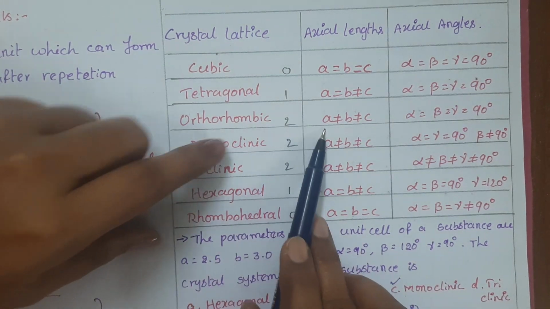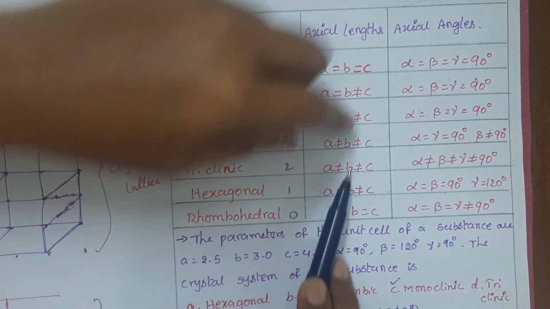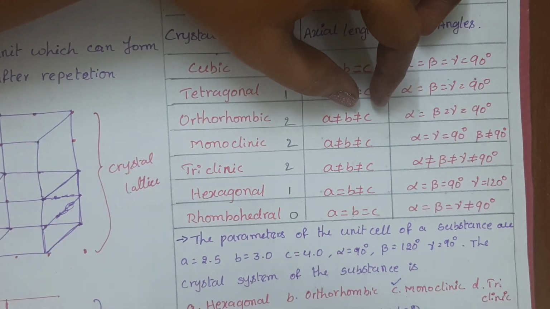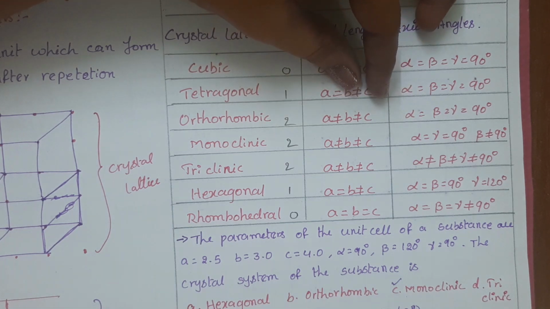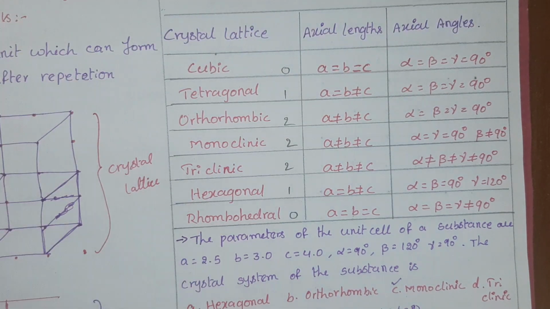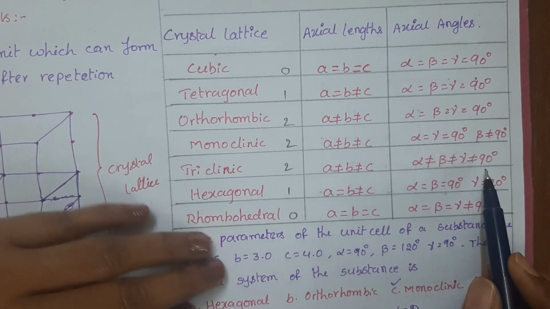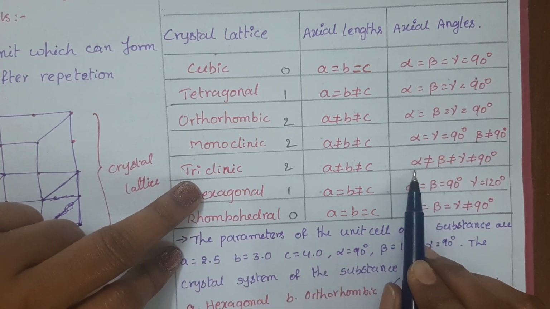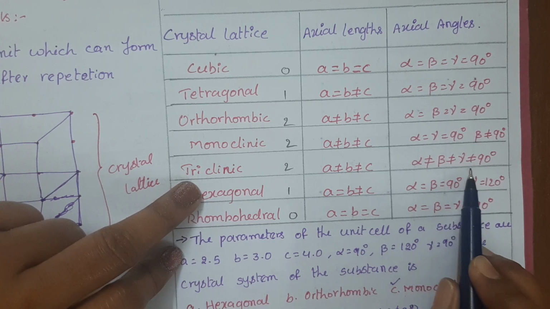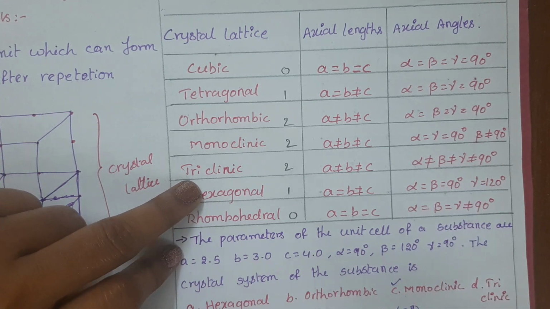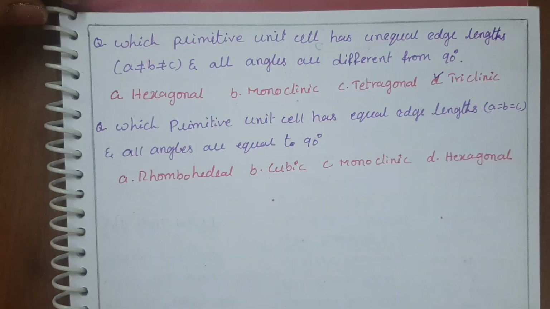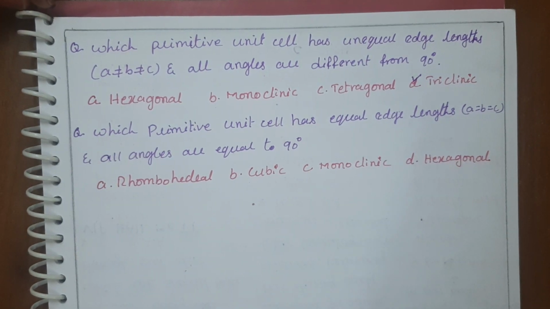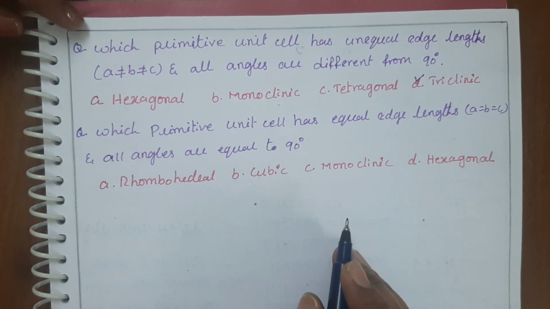That means triclinic: alpha is not equal to beta is not equal to gamma is not equal to 90 degrees. So the option is triclinic.